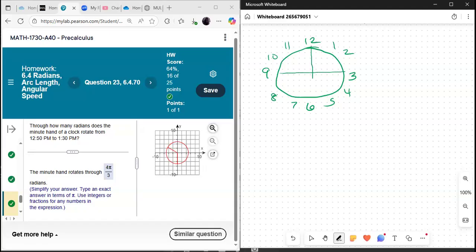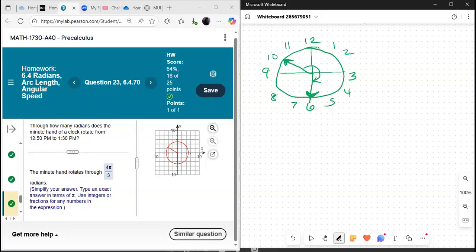And we can see our quadrants there. So at 12:50, the minute hand is on the 10. And then at 1:30, the minute hand is down here on the 6. And so the clock goes clockwise from the 10 to the 6.